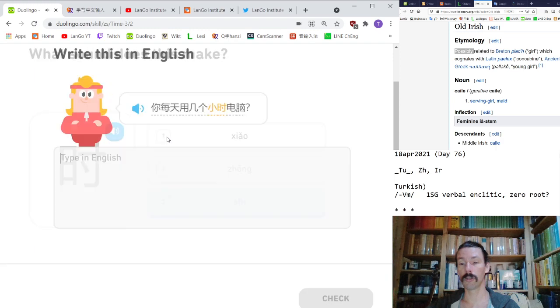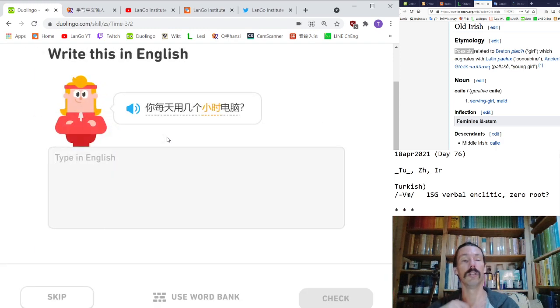你每天用几个小时电脑? How many? So, nice sequential sort of structure here. You, every day. Oh, never mind, the 用, they're separate phrases. Every day. Now, use how many hours computer? So, the time adverbial. In between there, the object of use, 天 is the computer, 脑.